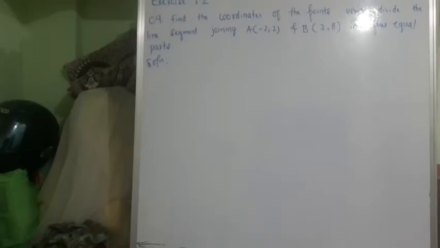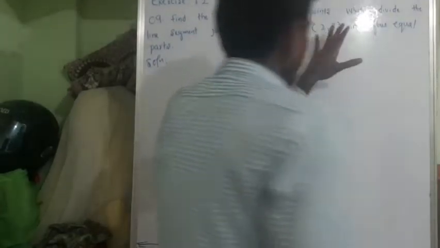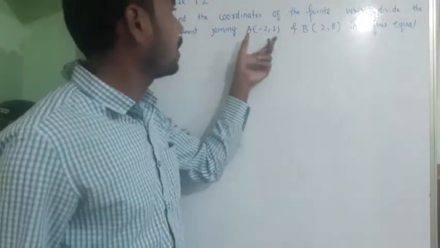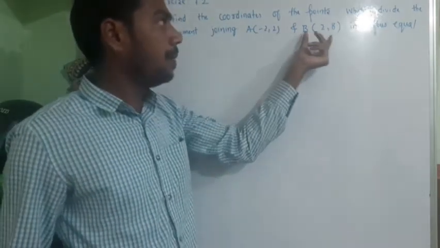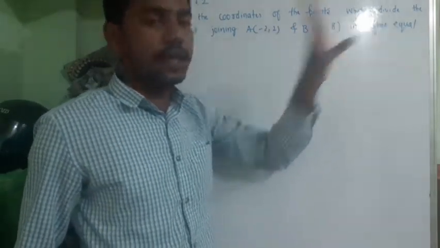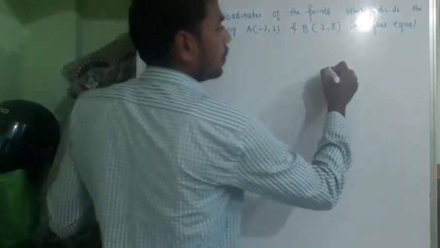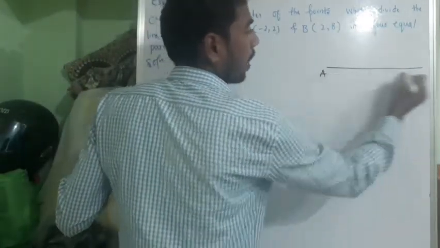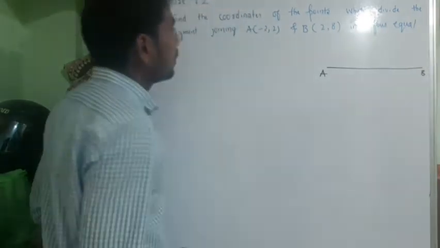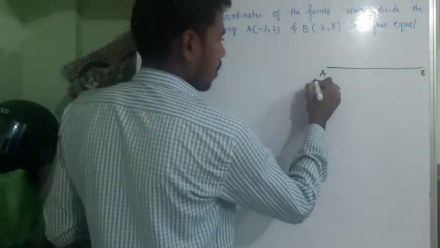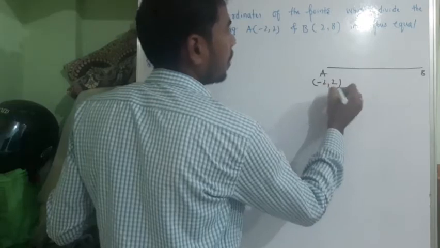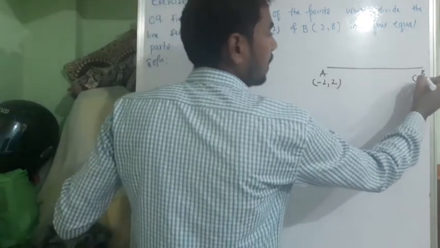Ninth question: find the coordinates of the points which divide the line segment joining A minus 2 comma 2 and B 2 comma 8 into 4 equal parts. See, there is a line segment AB, so the coordinates are minus 2 comma 2 and 2 comma 8.